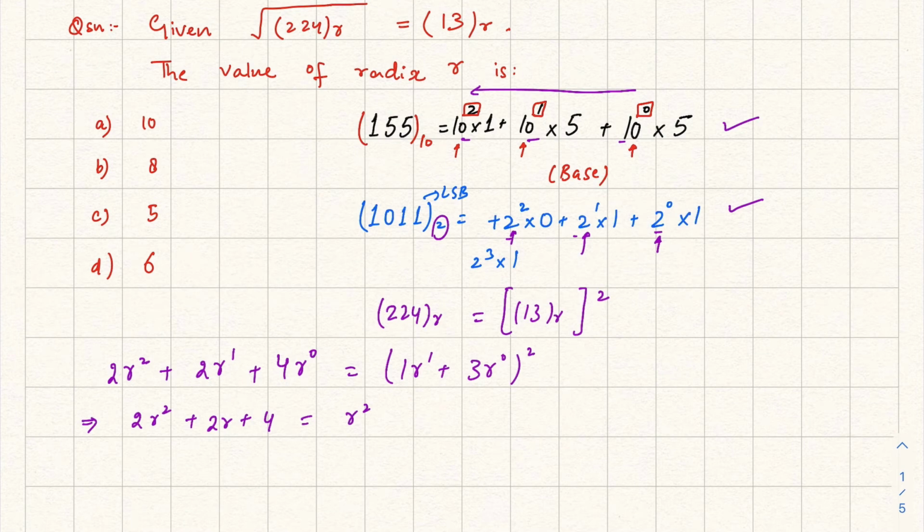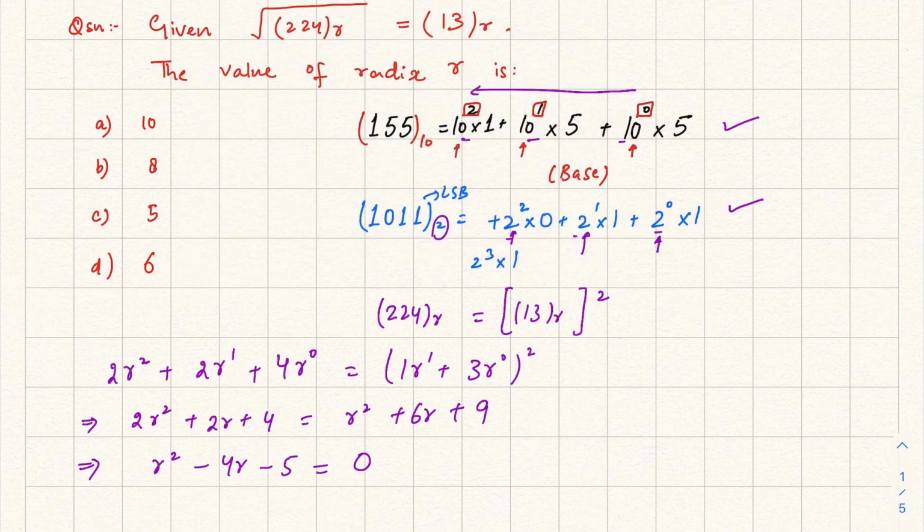When we transfer the right hand side terms to the left hand side, we get one single equation, that is r square minus 4r minus 5 is equal to 0. Once we solve this quadratic equation, we should be able to get the answer.